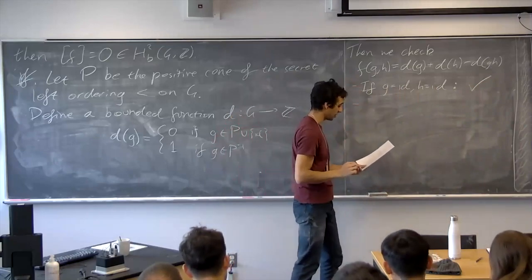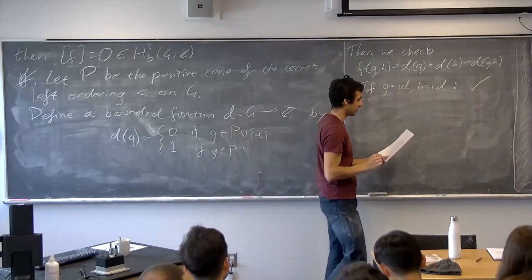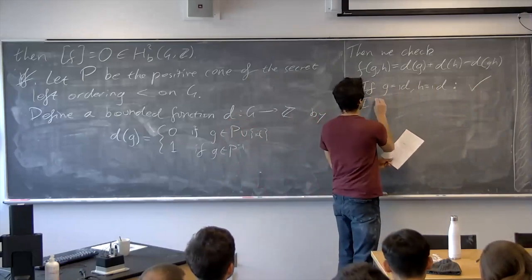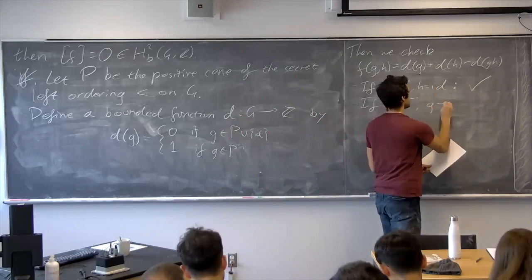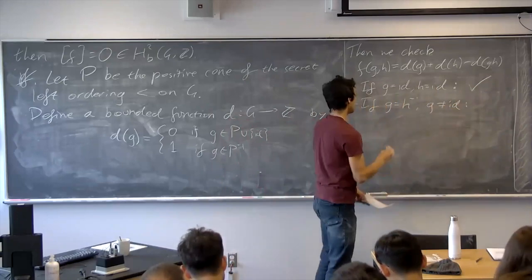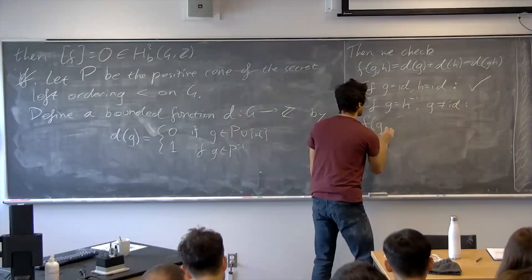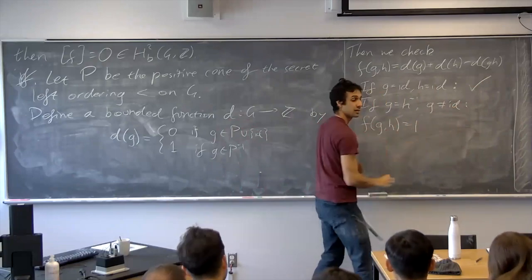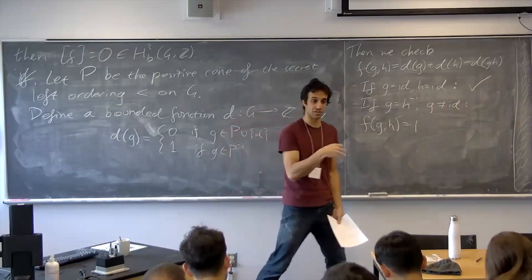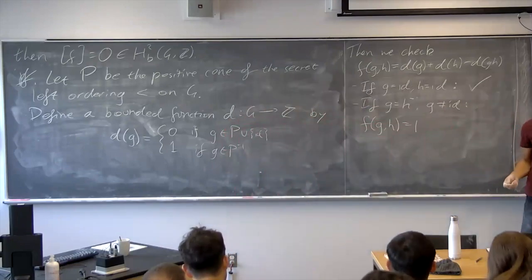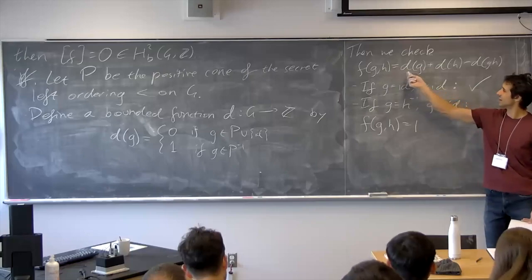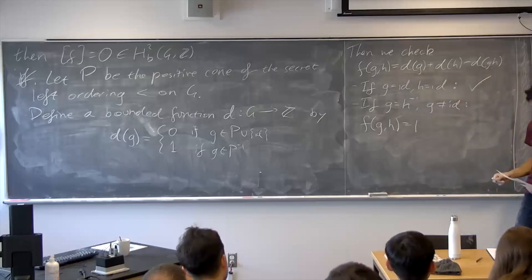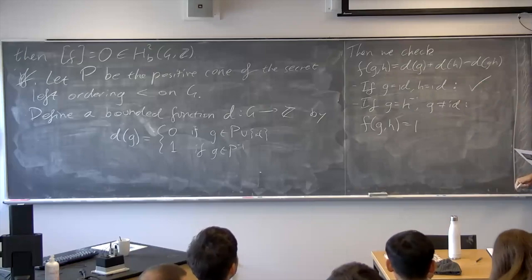Let's do a case which is a little more interesting. If G equals H inverse, then G is not the identity. Then we know from the definition of F that F of GH equals 1, because this is one of the conditions of being a circular order. So the left-hand side equals 1.